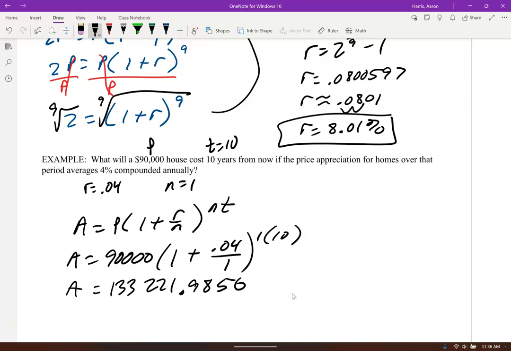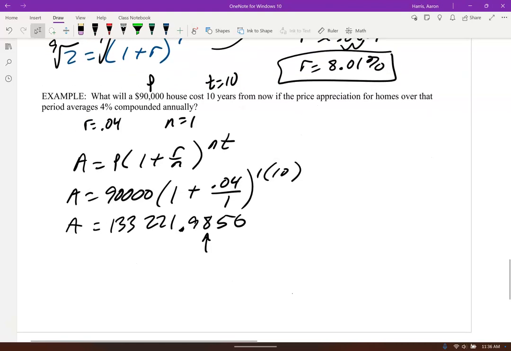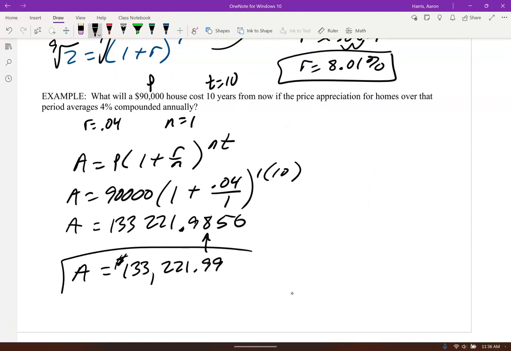Of course, round that to the nearest hundredth because we're working with dollars and cents here. And that's the amount that we would have, right?